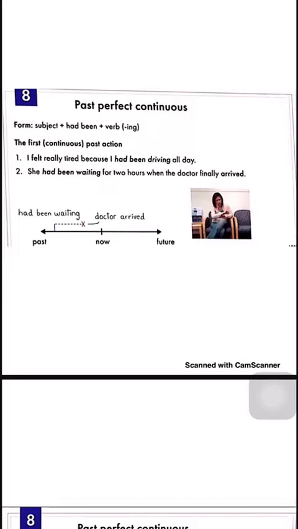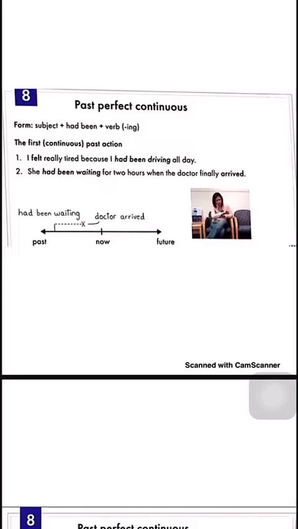I felt really tired because I had been driving all day. So वो कि मैं बहुत ज़्यादा थक चुका हूँ क्योंकि मैं सुबह से पूरे दिन से ड्राइव कर रहा हूँ. So he had started driving in the morning. For example, in the morning he had started driving and now evening is there, suppose 5 p.m. is there, 5 o'clock time is gone. So he has been driving since morning.